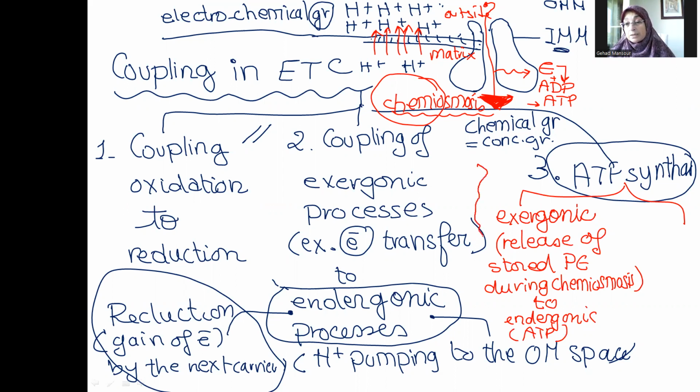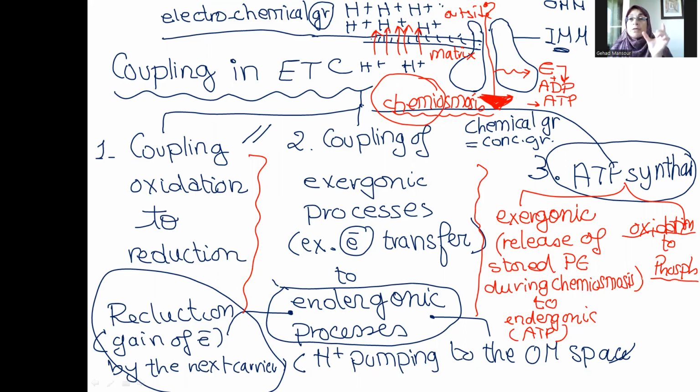Is that the only type of coupling that is done by the ATP synthase? No, there is another type of coupling, and it is the coupling of oxidation to phosphorylation. Actually, this is not a function of ATP synthase alone, but it occurs along the whole length of the electron transport chain. But why do we say this here?